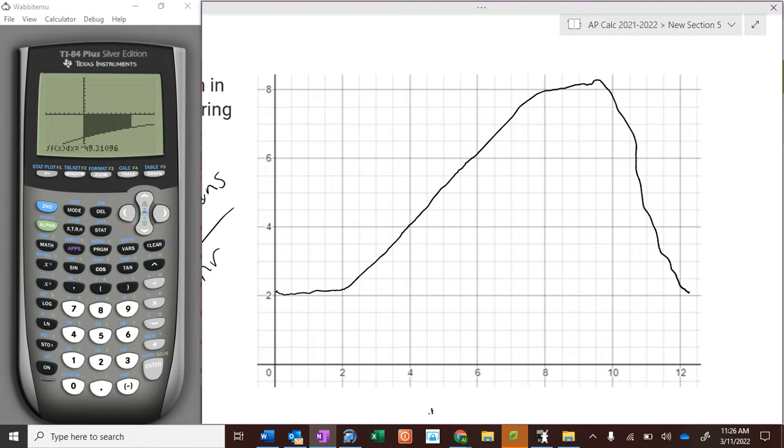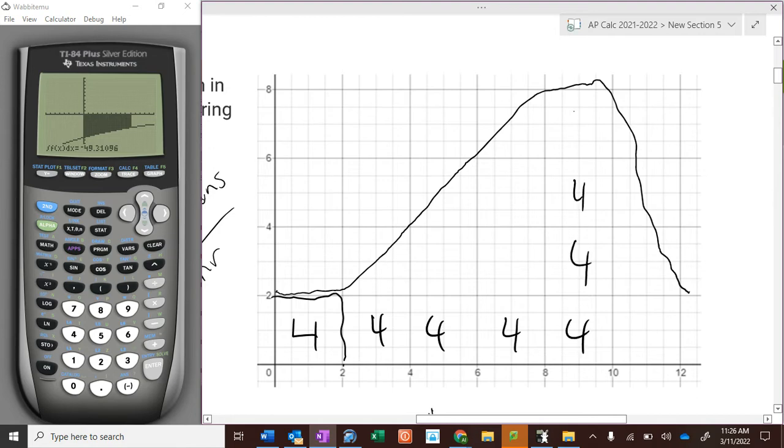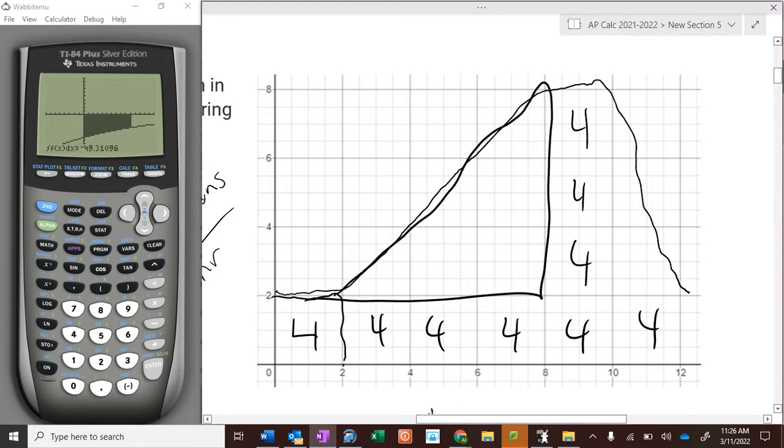Okay. All right. So how big is one of these squares like this? That is 4 by 4. So this is 4, this is 4, this is 4, this is 4, this is 4, and this is 4. Okay? This triangle right here is what by what? This triangle right here is 6 by 6.